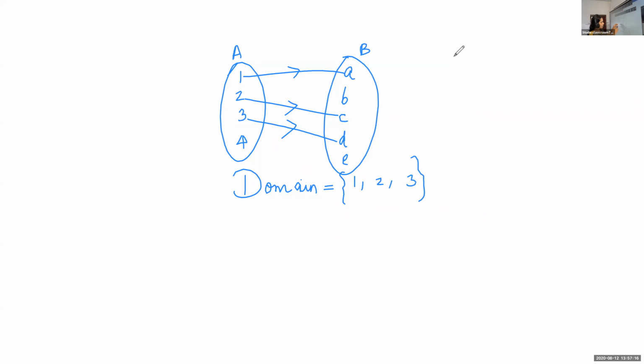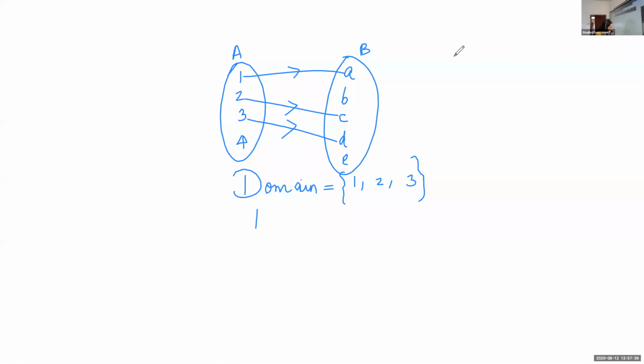Because 4 is not related to any element. 1 is related to A, 2 to C, 3 to D. So domain means the set of all first elements in the relation. 4 is not in the relation.